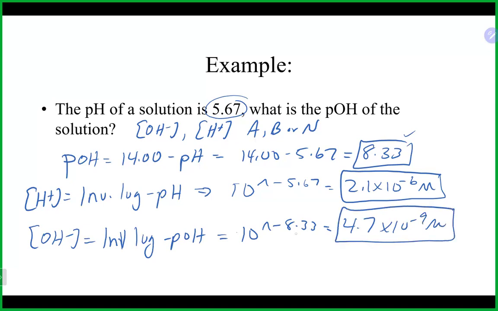Once again, here we have two decimal places taking us back to two significant figures when we do the concentration. This is obviously from the pH value here that is less than 7, so that is going to be acidic in this case. Any questions on any of those calculations there?